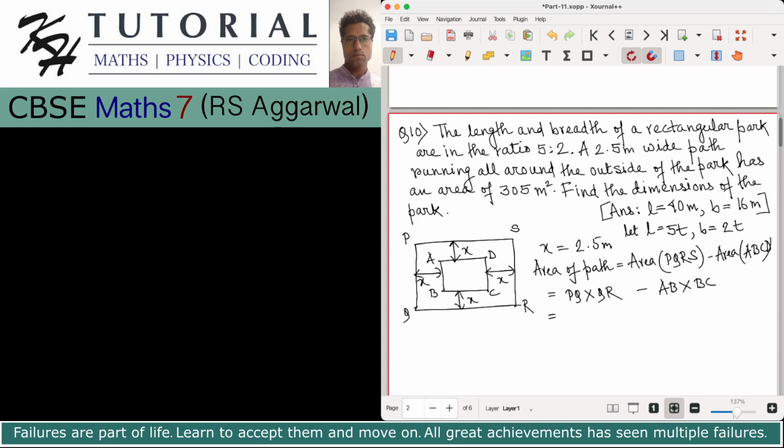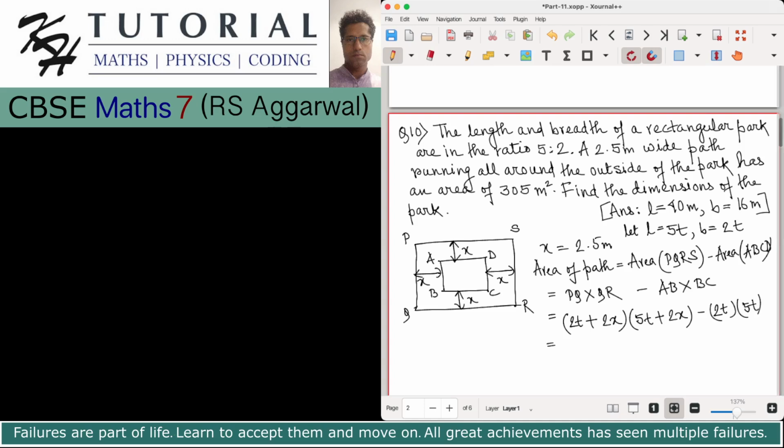Okay. So now what will be PQ? PQ will be 2t plus twice x. And what is QR? QR will be 5t plus twice x, minus AB multiplied by BC, which is 2t multiplied by 5t.